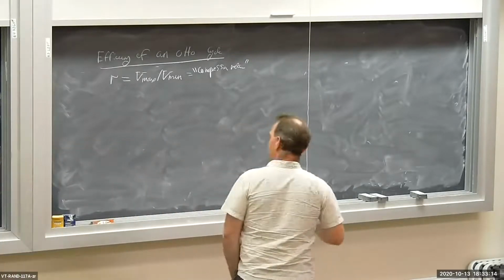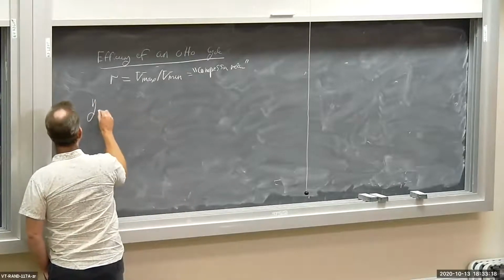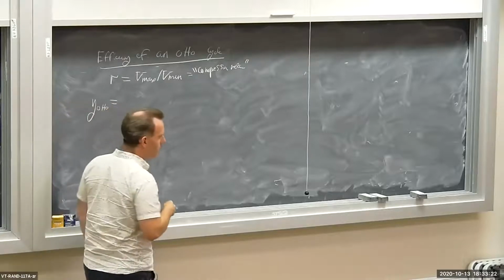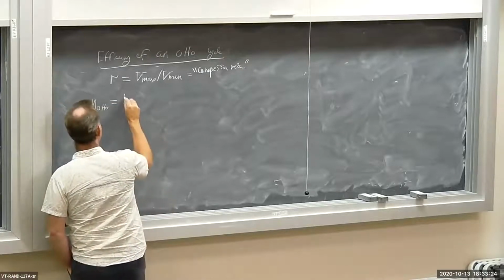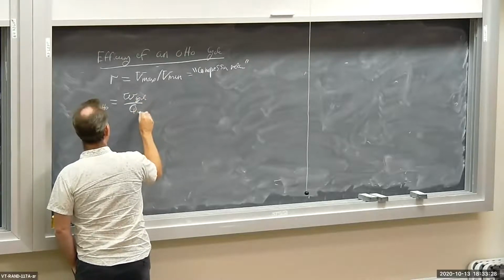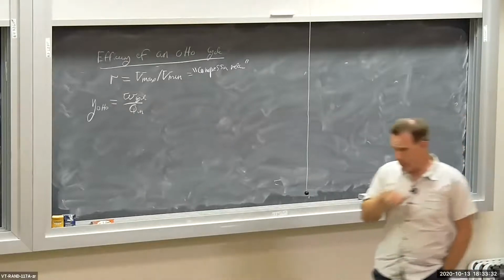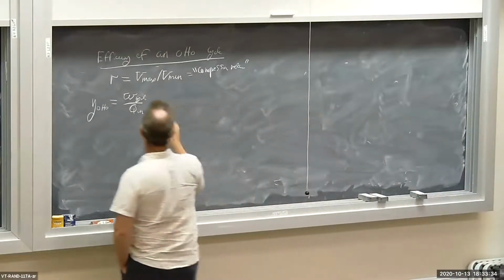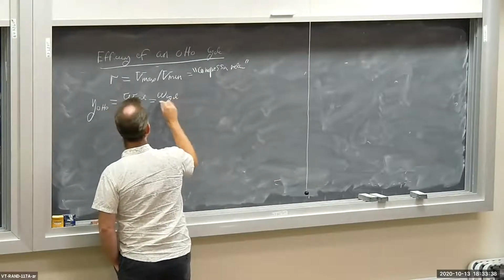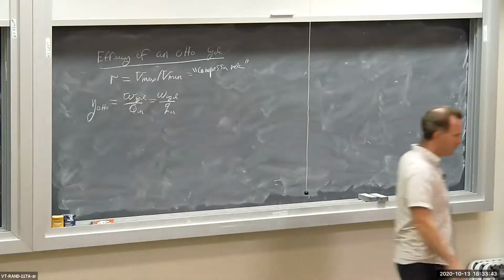Okay, so how do we calculate the efficiency of the Otto cycle? Well, the definition of efficiency, and this is for the Otto cycle now, is the work over the cycle divided by the heat input. I can rewrite this on a specific basis. So it's w cycle over lowercase q in, okay?